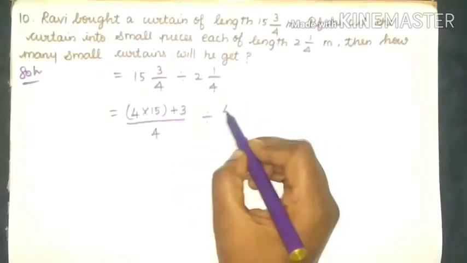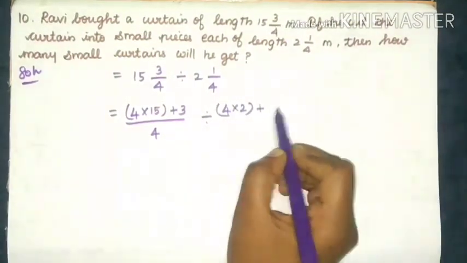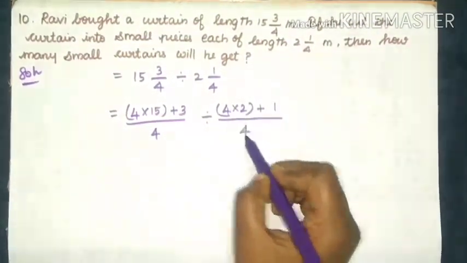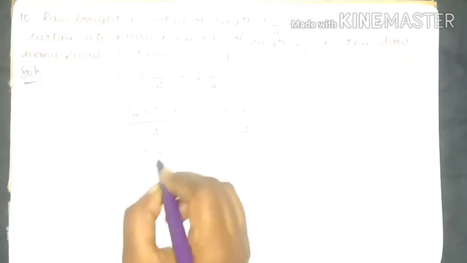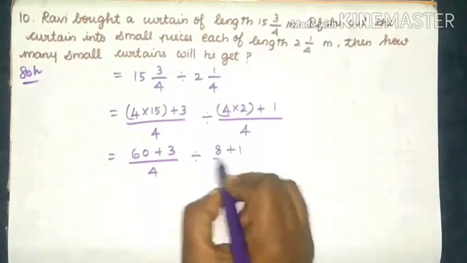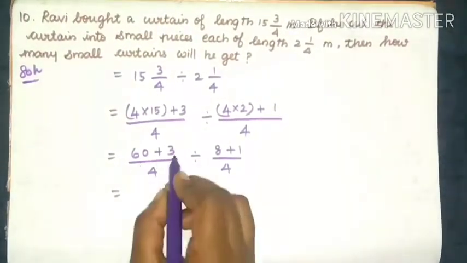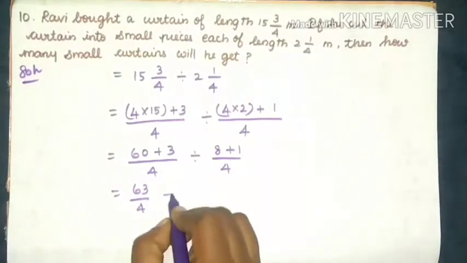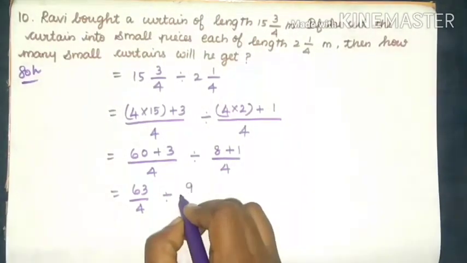That is 4 into 15 plus 3 divided by denominator 4, divided by, again we find the improper fraction: denominator into whole number, 4 into 2 plus numerator 1 divided by 4. 4 into 15 is 60 plus 3, divided by 4, divided by 4 2s are 8 plus 1 divided by 4. 60 plus 3 is 63 by 4, divided by 8 plus 1 is 9 by 4.